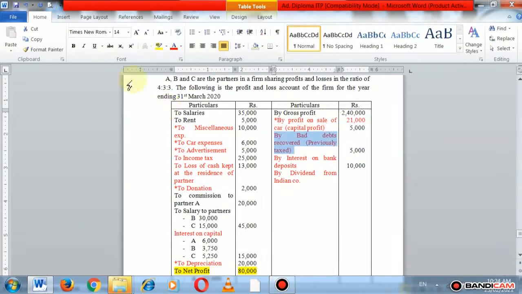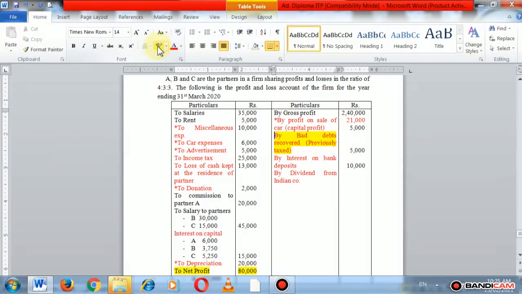Here remember this. Bad debts previously disallowed means the income tax did not allow bad debt as a loss of the firm in the previous year, so it was taxed, and in the current year the bad debts is recovered.